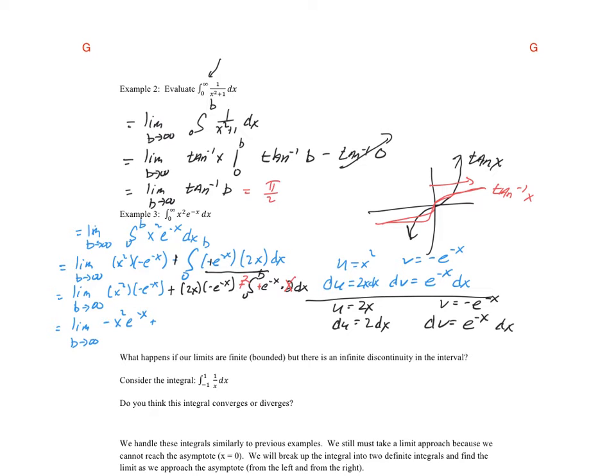And I'll take that negative sign, put it in front as well. All right, so then my antiderivative of e to the negative x would be a negative e to the negative x, and then I would evaluate that from b to 0.